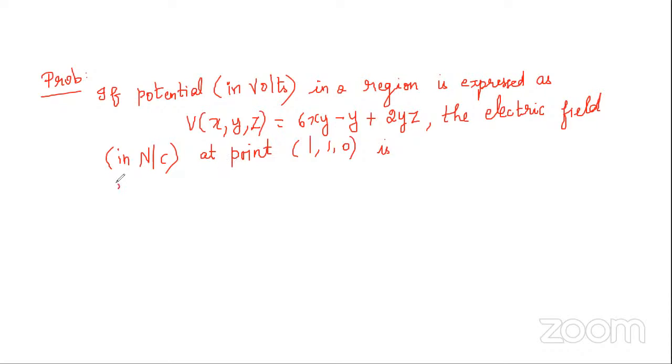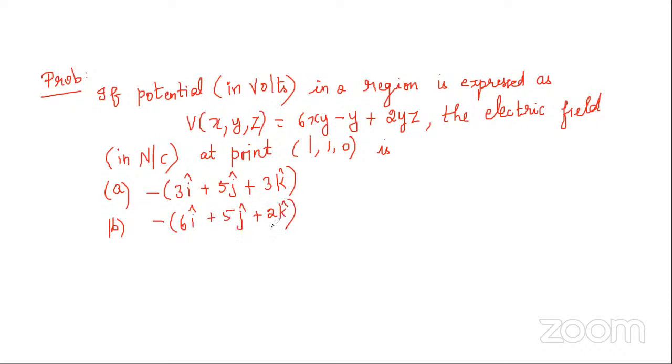So I am giving the options. Option A: minus within the bracket 3i cap plus 5j plus 3k cap. Option B: minus 6i cap plus 5j plus 2k cap.